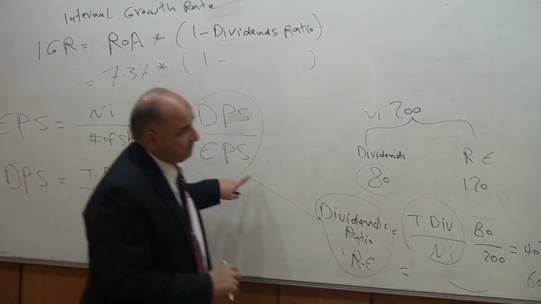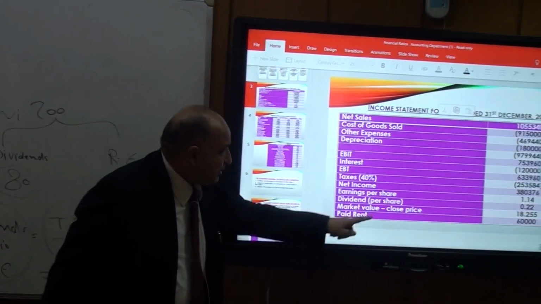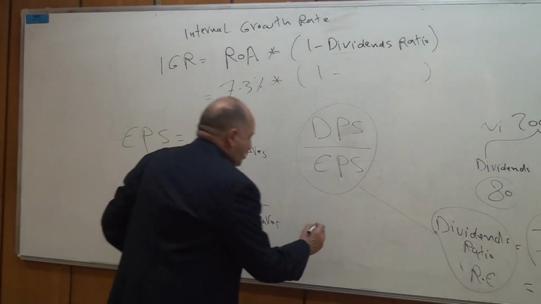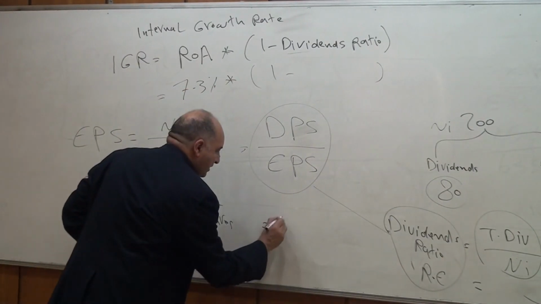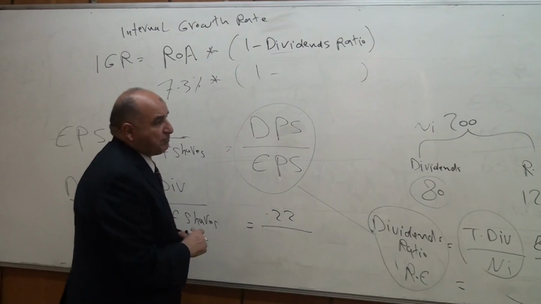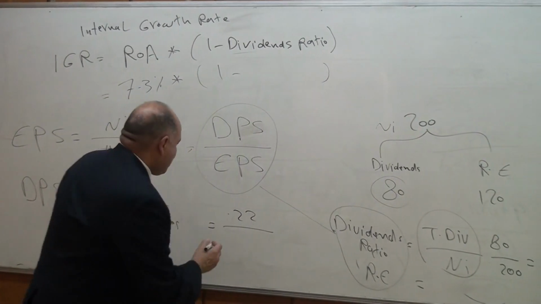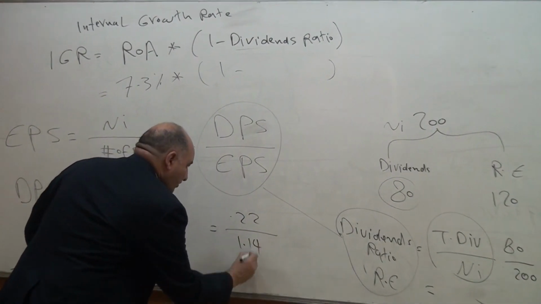In our case, the dividends ratio equals 0.22 divided by earning per share 1.14.